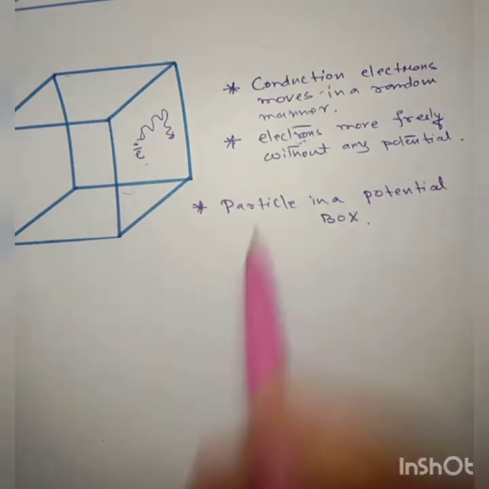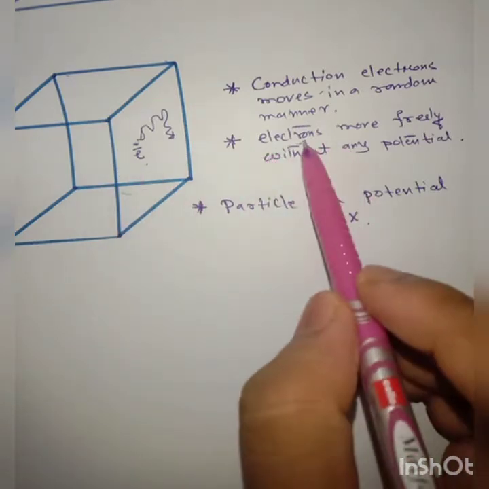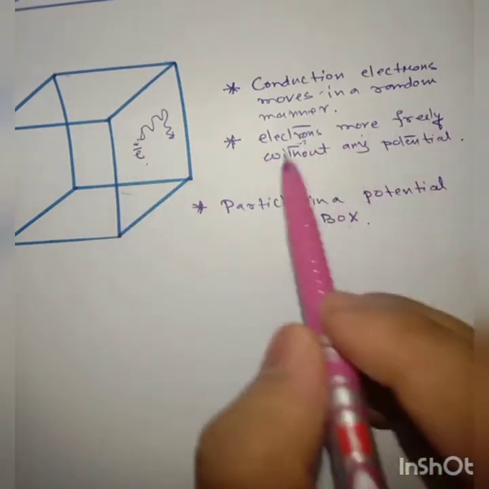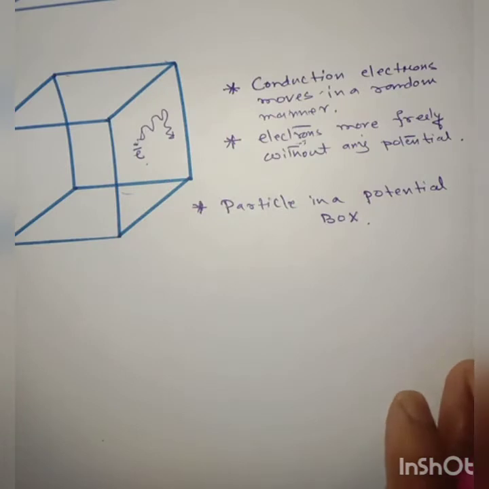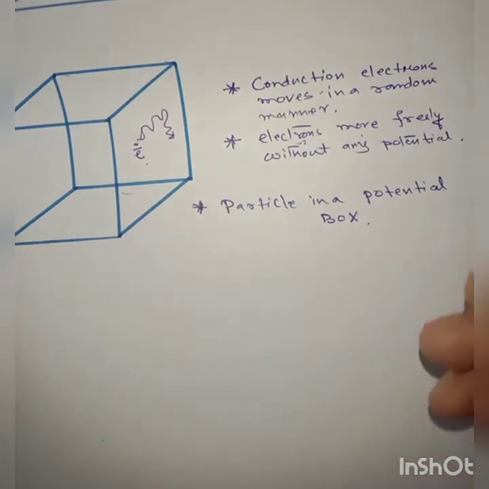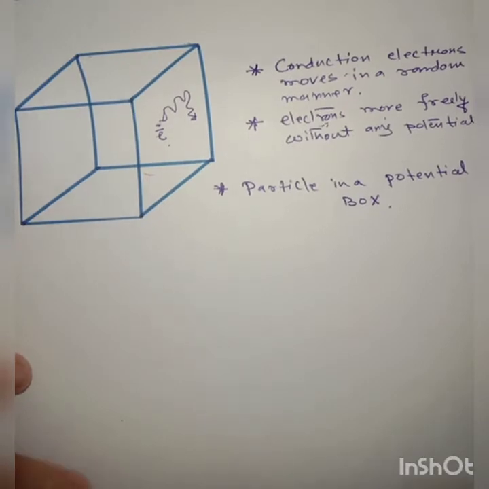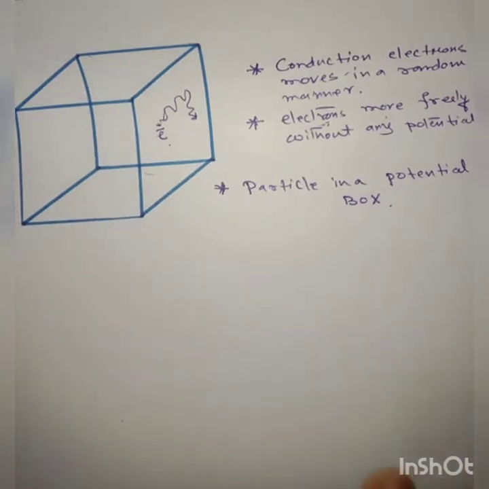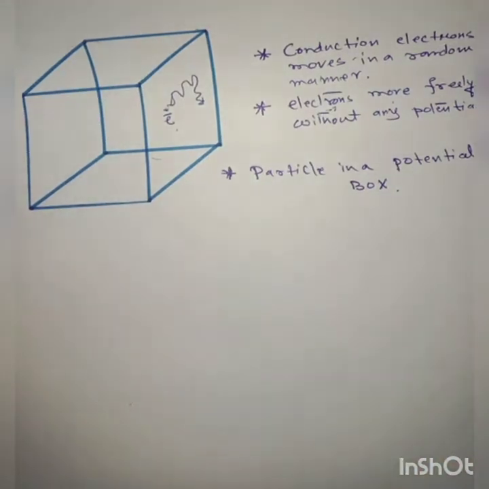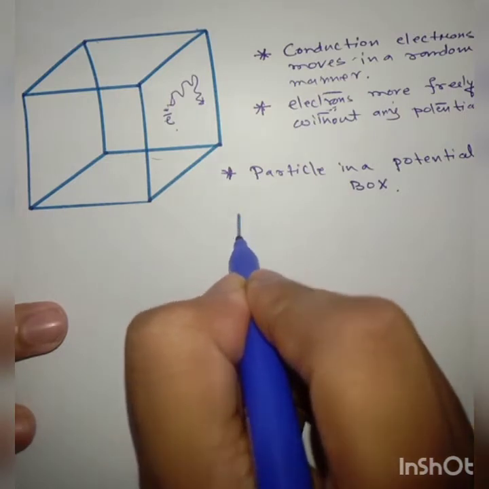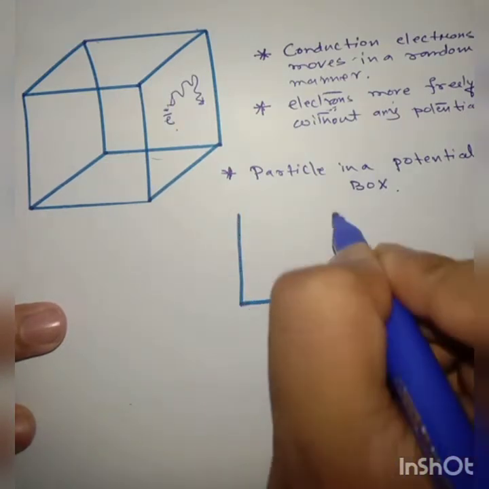If this is the condition, that the electrons move freely throughout the conductor without any potential, we can calculate what the possible energies of an electron in a conductor are. So let us first consider a one-dimensional potential.